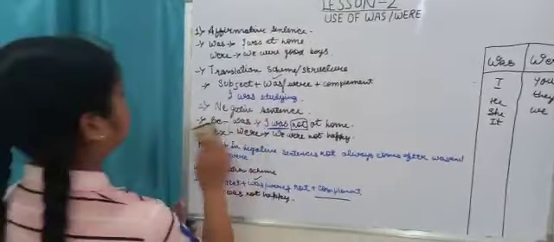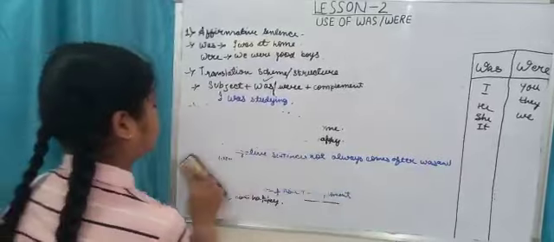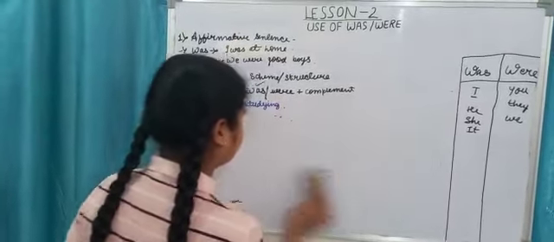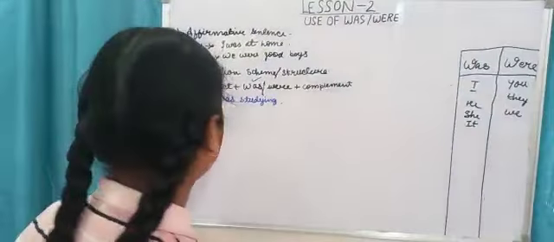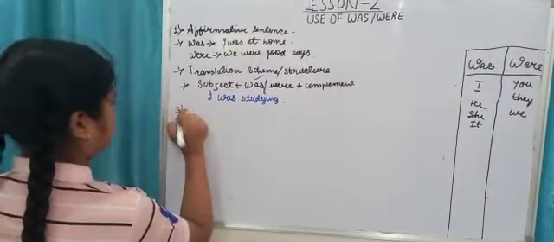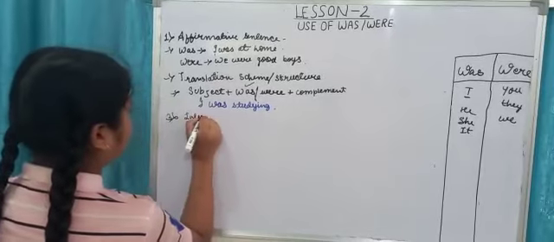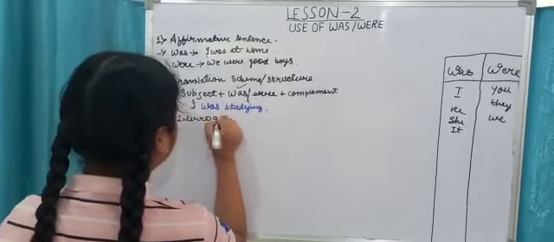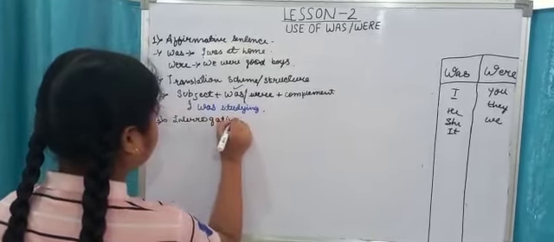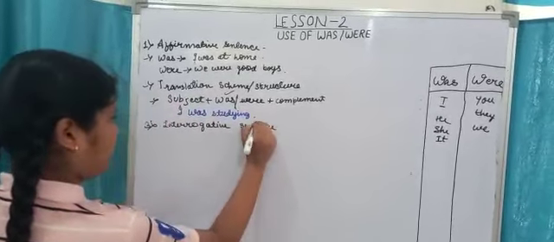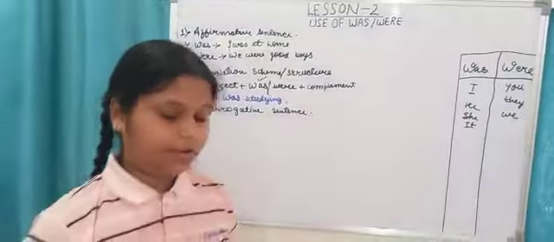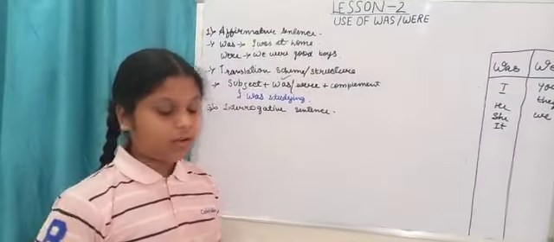Now let's proceed to the interrogative sentence. The third type of sentence is the interrogative sentence. As I told you, an interrogative sentence ends with a question mark or asks a question.